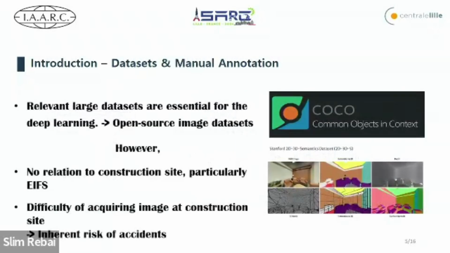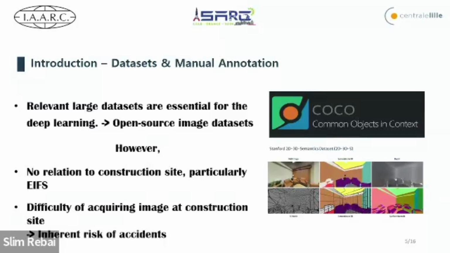However, there are still some issues with using computer vision in the construction industry. As you know, for training a deep learning model, an adequate dataset is essential. Adequate means relevance and number of data.